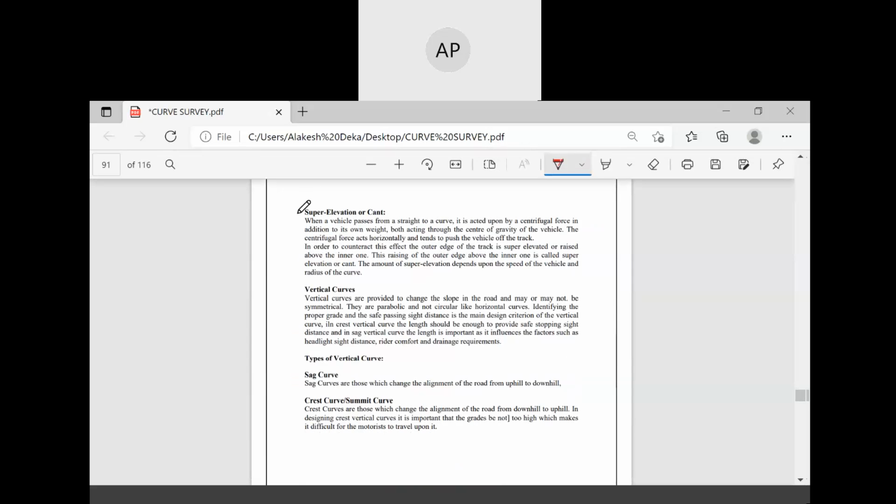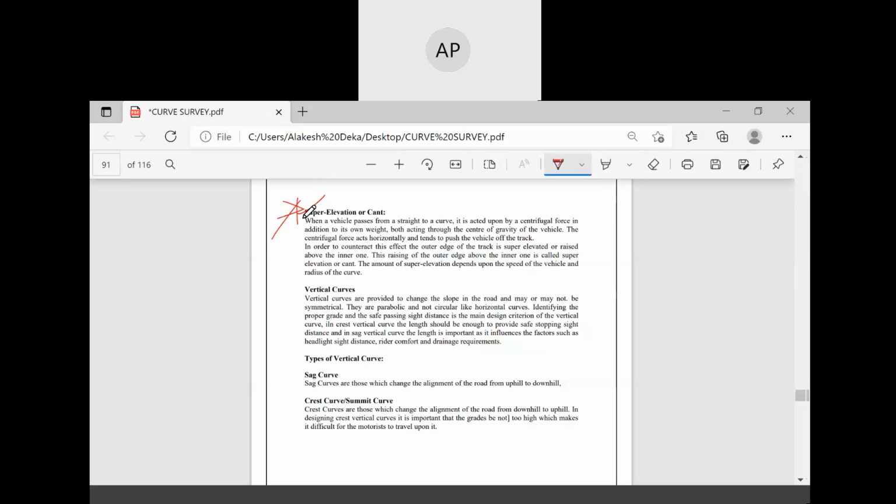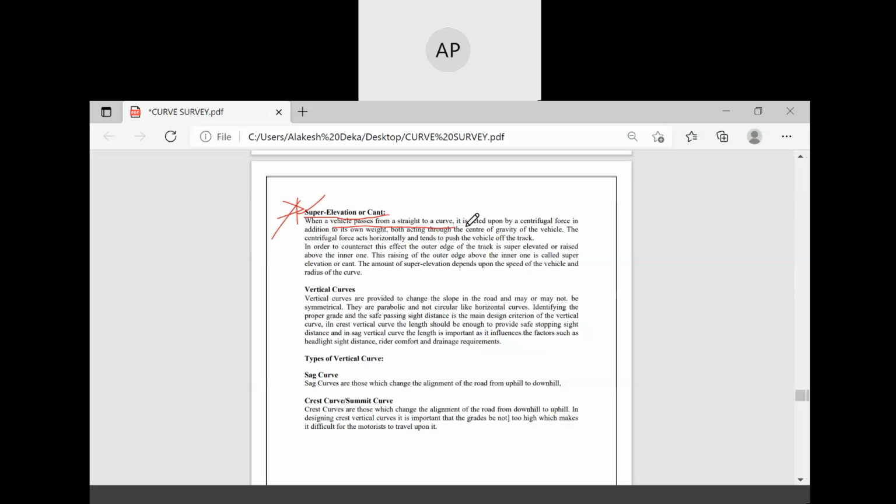And what is super elevation in a road? This one is important. When you are in the fifth semester, you have a subject called highway engineering, where you will learn about super elevation or cant. When a vehicle passes from a straight into a curve, there will be a centrifugal force in addition to its own weight, acting through the center of gravity.